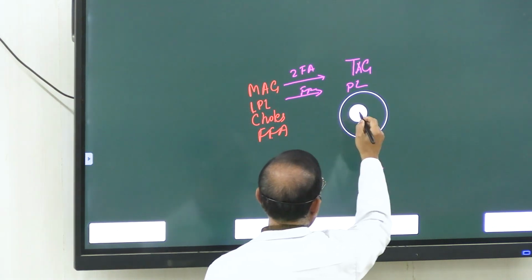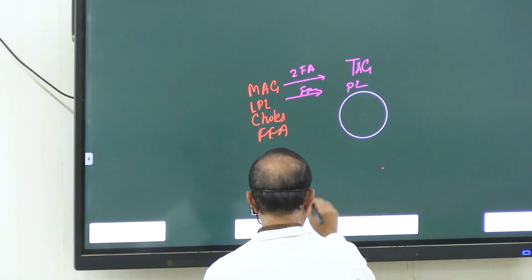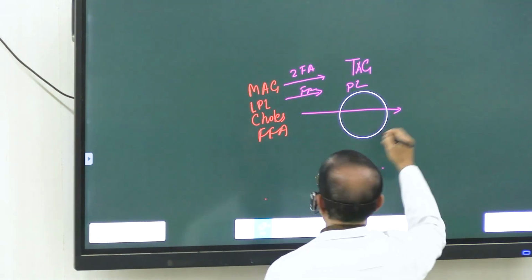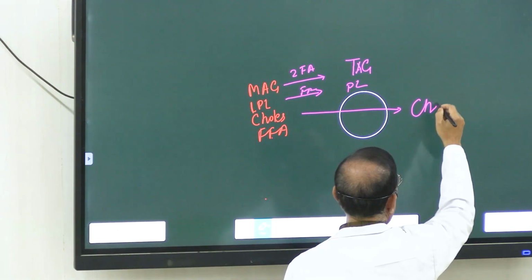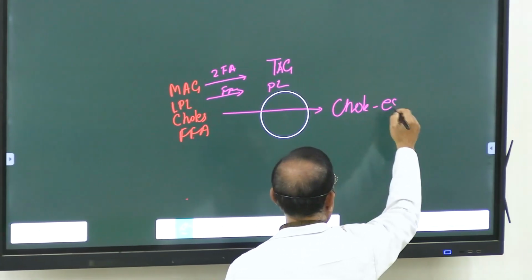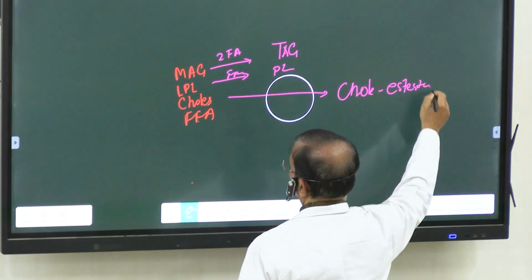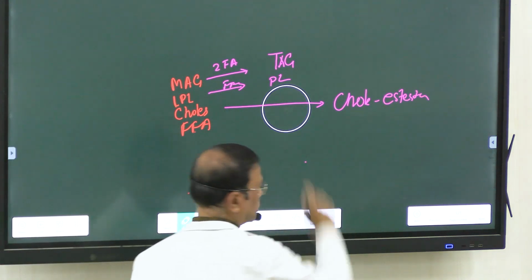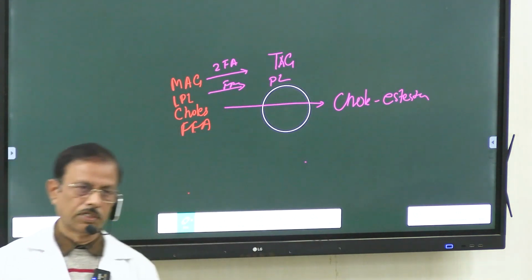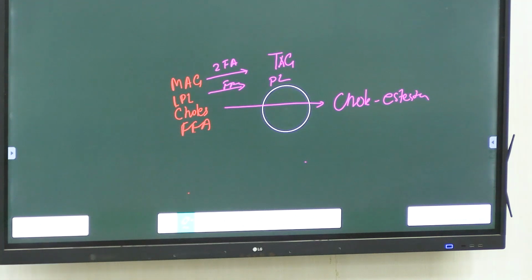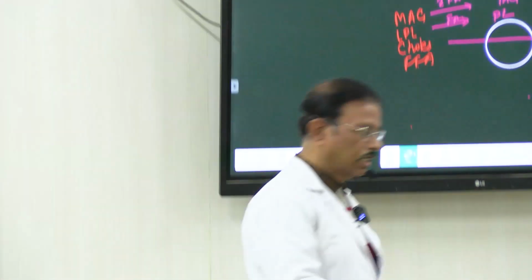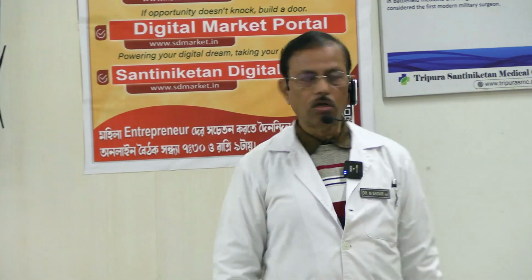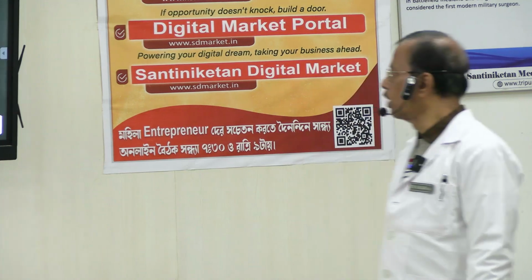Cholesterol is esterified into cholesterol esters. Some of the free fatty acid remains as free fatty acid. So they are again re-esterified to the original products: triacylglycerol, phospholipid, cholesterol esters.